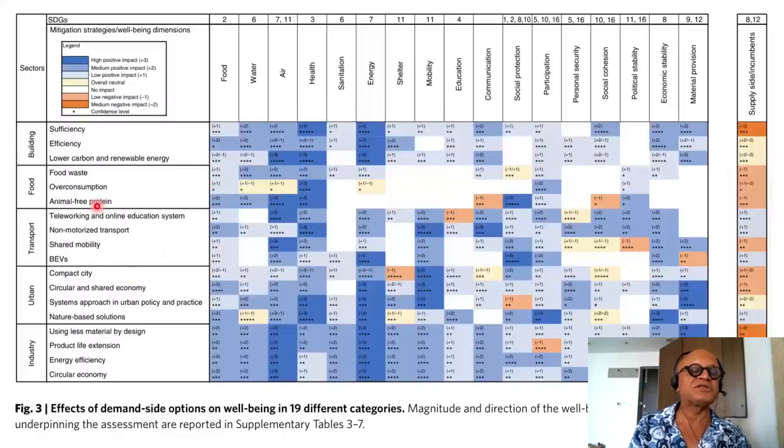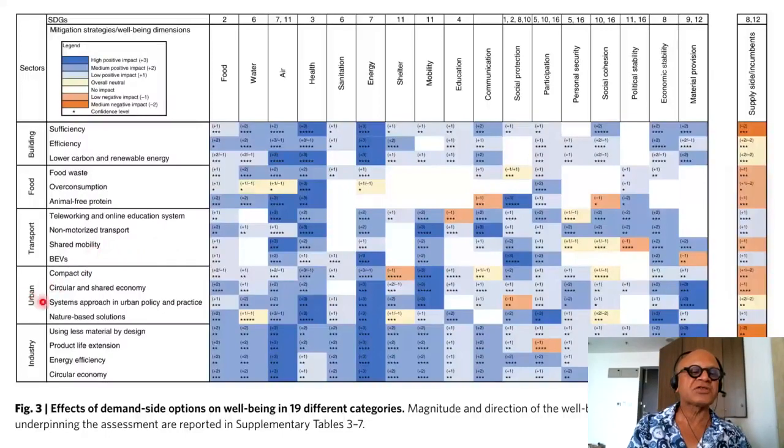indicate higher efficiencies. So we are looking at various metrics: building sufficiency, efficiency, lower carbon and renewable energy, food waste, overconsumption, animal-free protein. Under transportation, we have teleworking and online education system, non-motorized transport, shared mobility, battery-operated electrical vehicles.